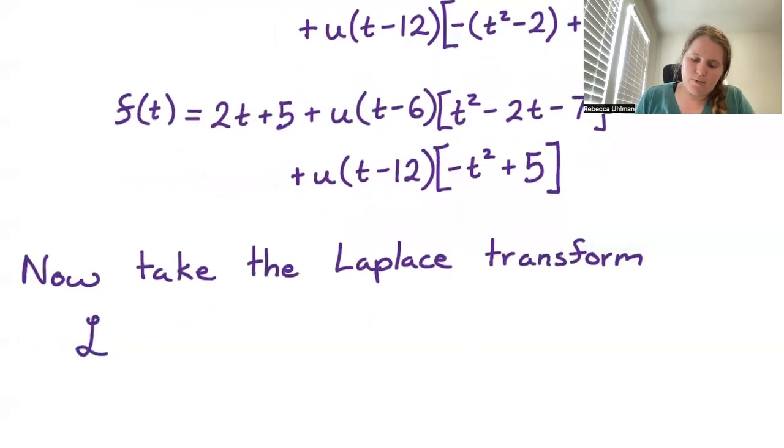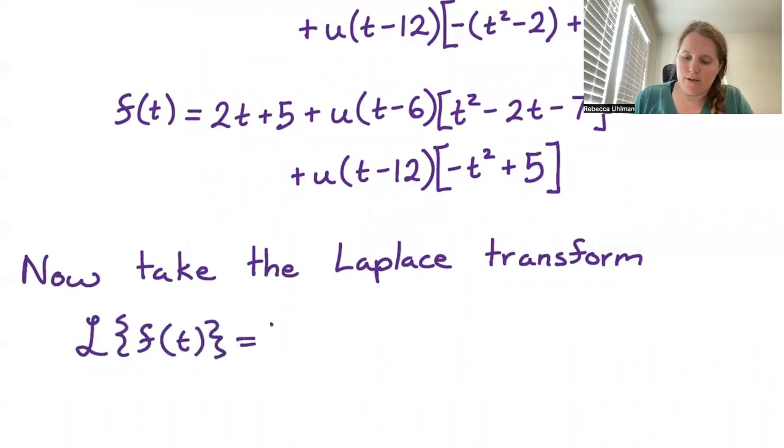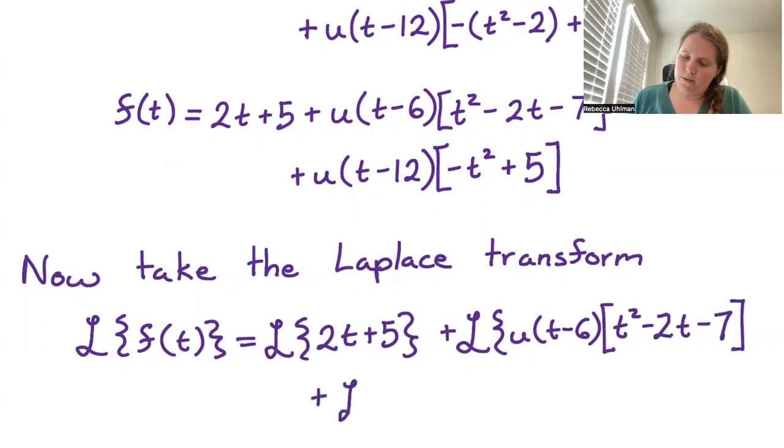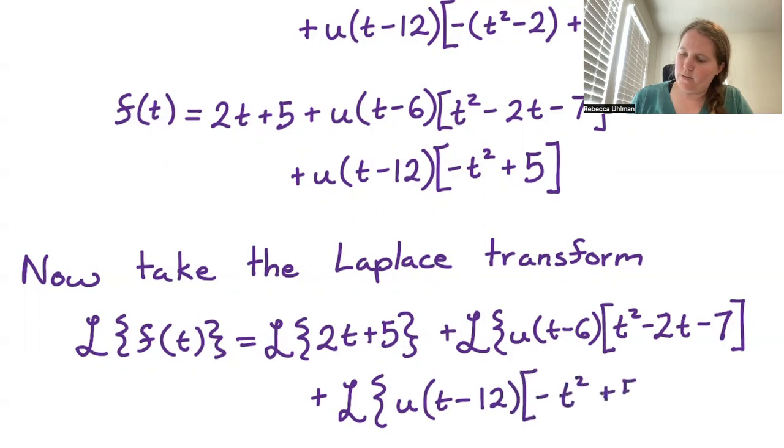The Laplace transform of f of t should be equal to the Laplace transform of 2t plus 5, plus the Laplace transform of u of t minus 6 times t squared minus 2t minus 7, plus the Laplace transform of u of t minus 12 times negative t squared plus 5.